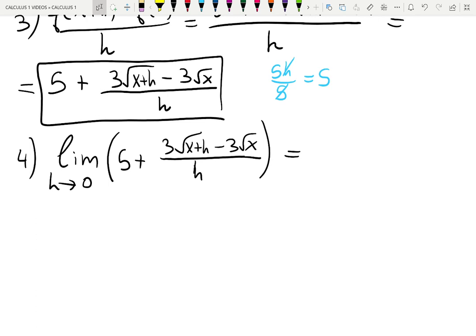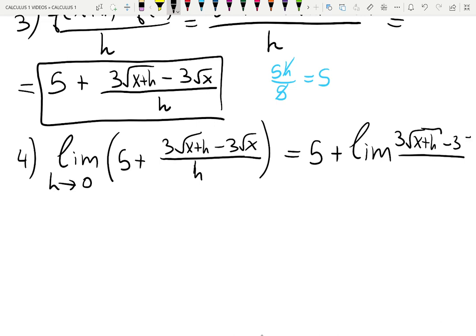Limit of 5 is 5. So we solved this limit. The second limit, let me write it down again, even though it's a little bit annoying to do it every time. Minus 3 square root of x over h. And h shrinks to 0. This is what I have here. So I know it's going to be 5 plus the answer for the limit.